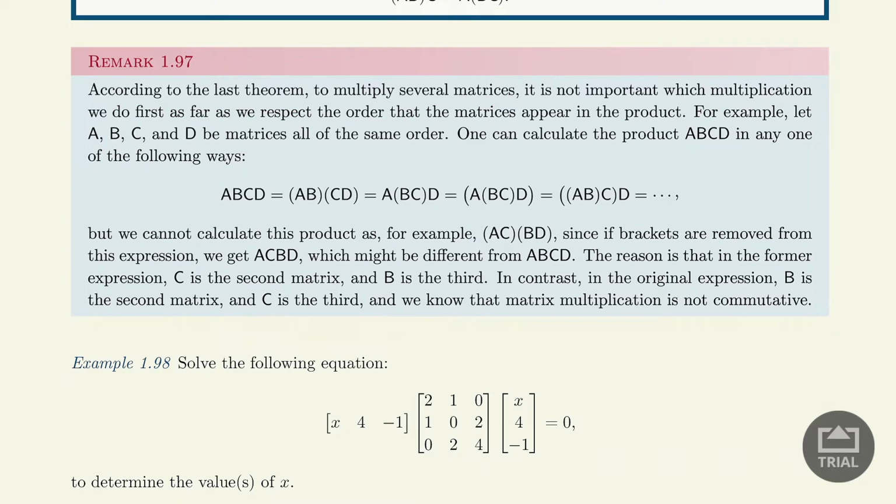I multiply A by B once. I multiply the result by C, twice. I multiply the result by D, three times, yes? But it doesn't matter how you prioritize these multiplications. You can say, first I multiply A by B and C by D in parallel, and then multiply the results.